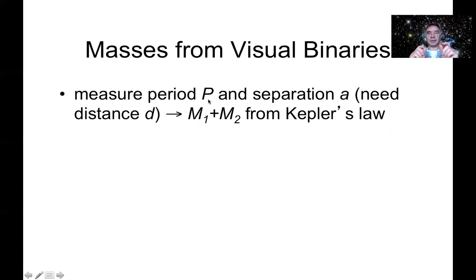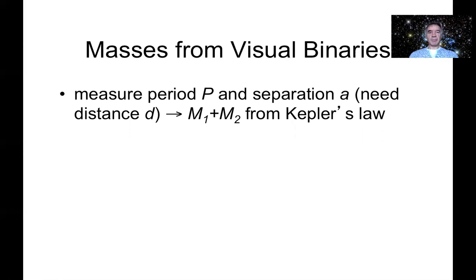So if your stars are a long way apart, then their periods could be thousands of years, and therefore we're not going to be able to measure the period, because we're not going to see them move enough to measure it. But for ones that are reasonably close by in distance, then we can do this.